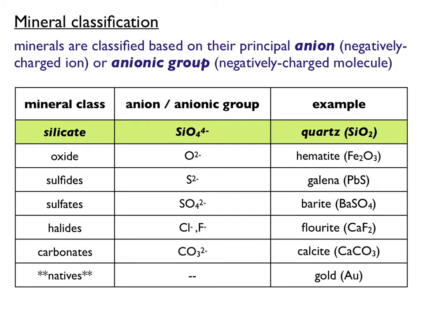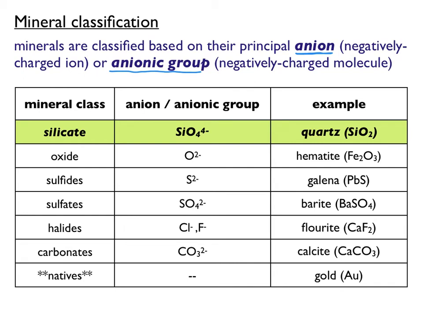In geology, we typically classify all minerals based on their principal anion. Remember that anion is the negatively charged ion form of an element. Or we use their anionic group, so that would be a molecule that includes one of these negatively charged ionic species.